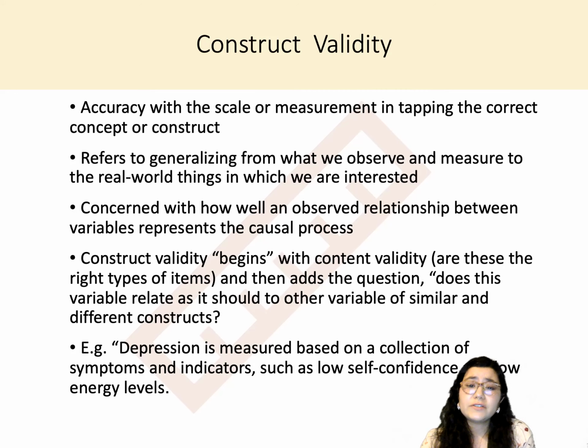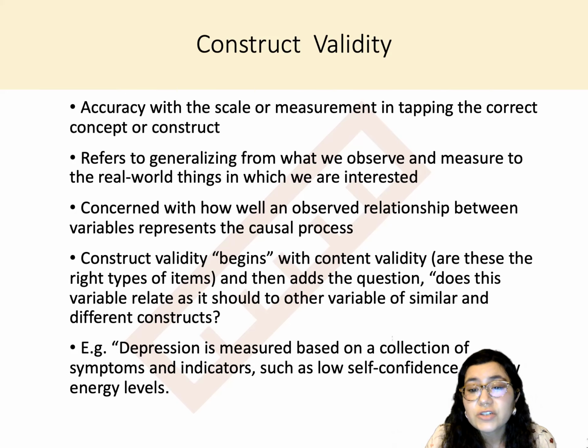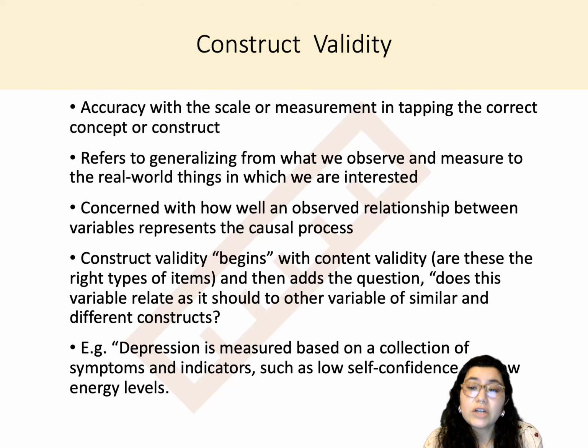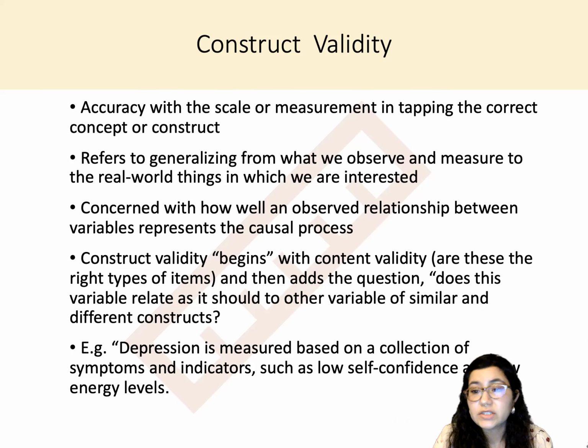And so construct validity and content validity are very linked. And construct validity adds the question, does this variable relate as it should to other variables of similar and different constructs? And so in construct validity, we're often concerned with how well an observed relationship between variables represents the causal process.